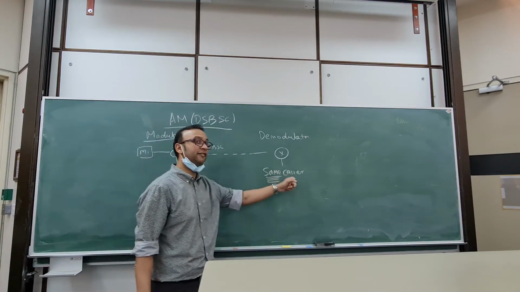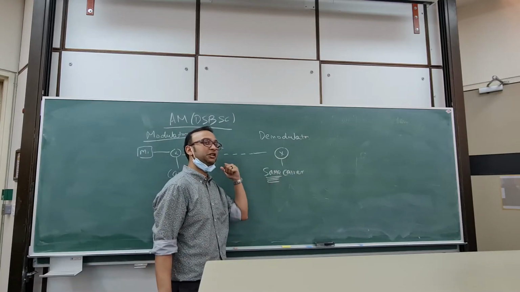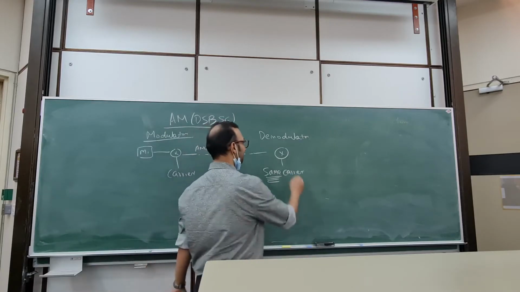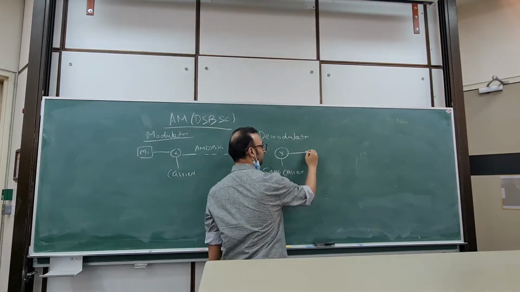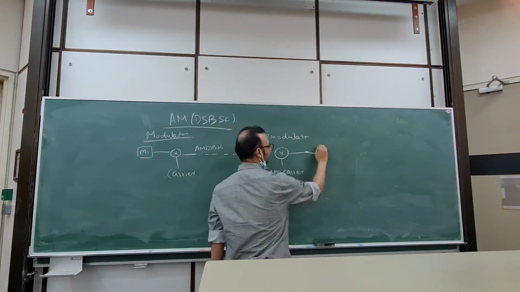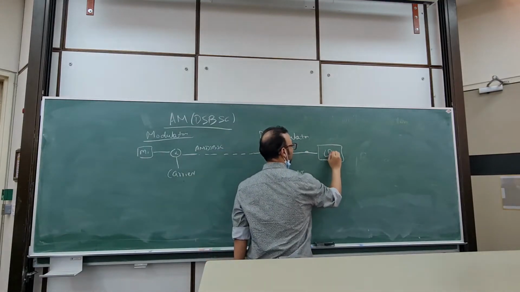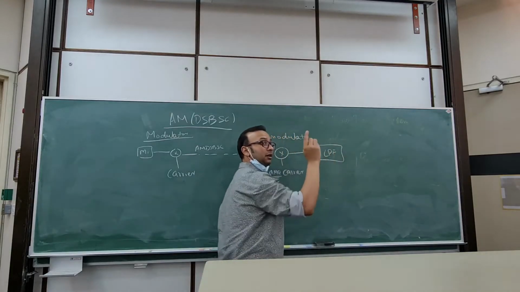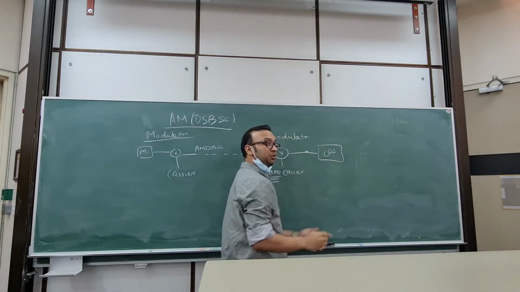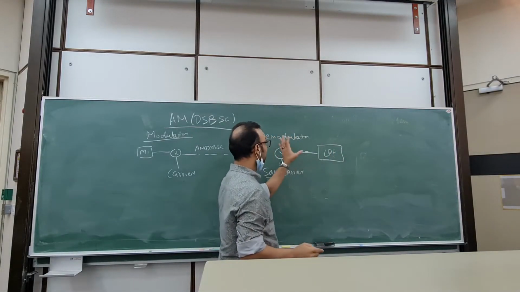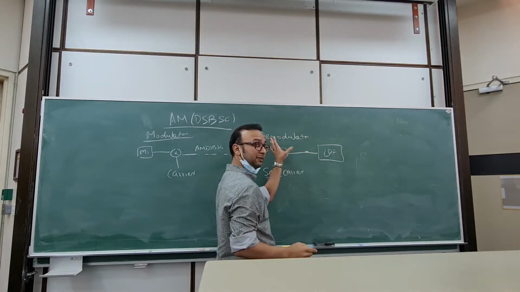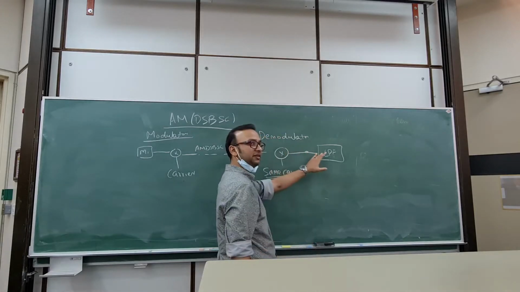Even if there is a small phase difference, you will not get your exact signal. And over here you have a low pass filter. The rectifier is for with carrier because you want to get the positive part. When you have double sideband suppressed carrier, just multiply and low pass filter.